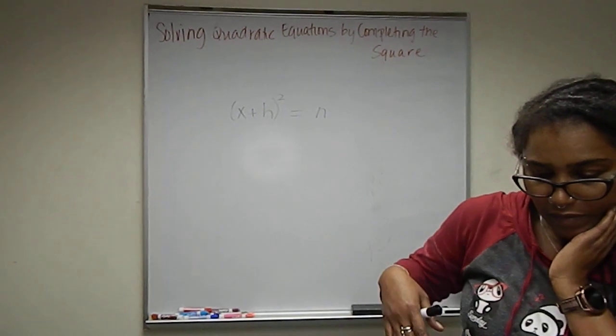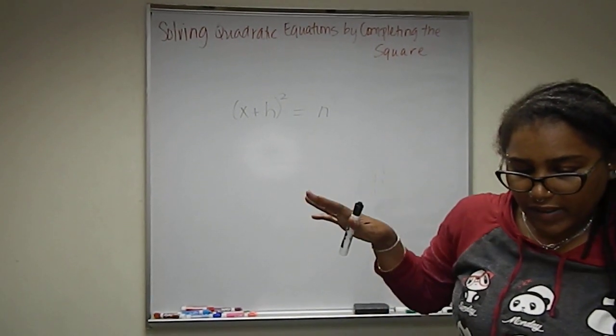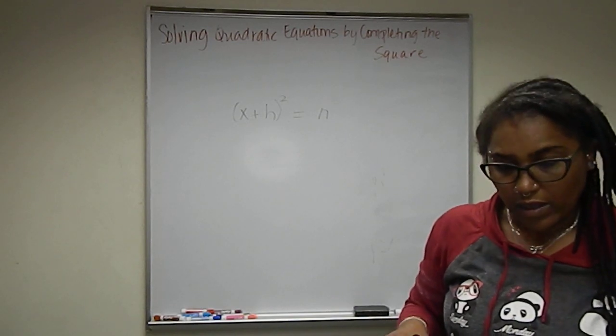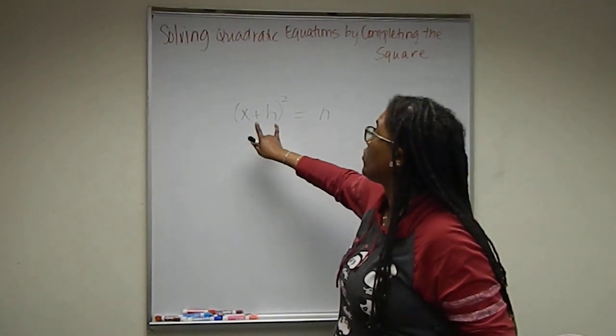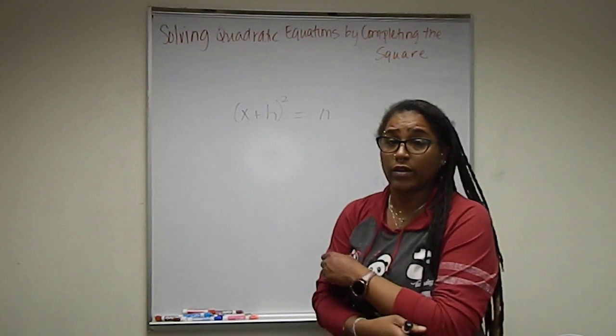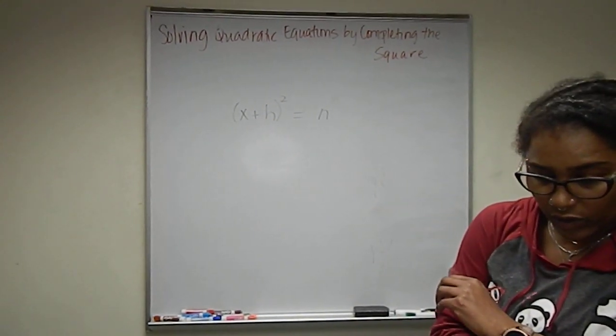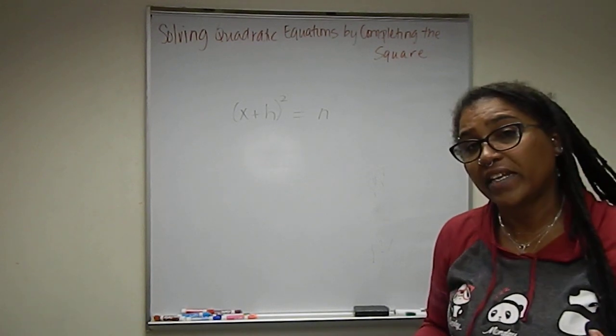So we write the left side of the equation as a perfect square trinomial that can be factored into a binomial that's squared. Think about that, okay? This is what we're doing when we are completing the square.